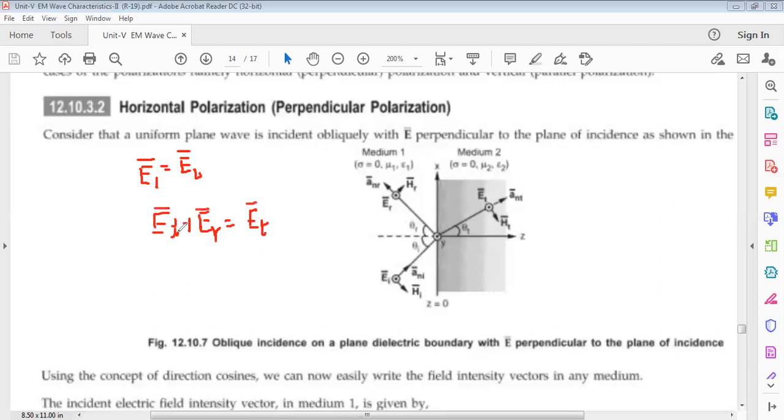EI plus ER is equal to ET, because the incident and reflected waves are in medium 1 only, and in medium 2 there is a transmission. Similarly, for the magnetic field, H1 bar is equal to H2 bar, that is HI bar plus HR bar is equal to HT bar. Got it, my dear students? You can find EI, ER and ET.